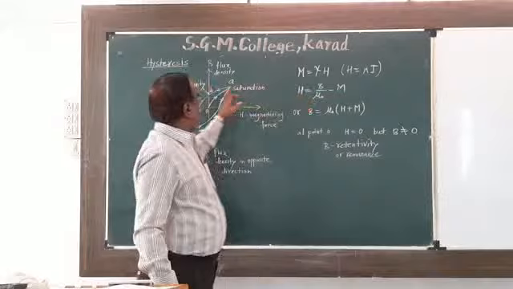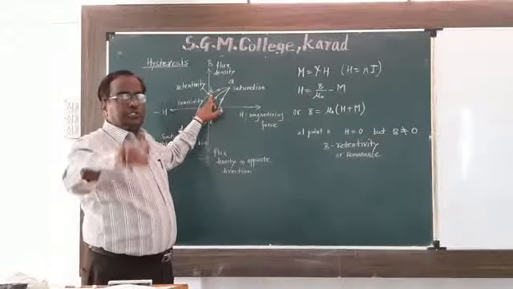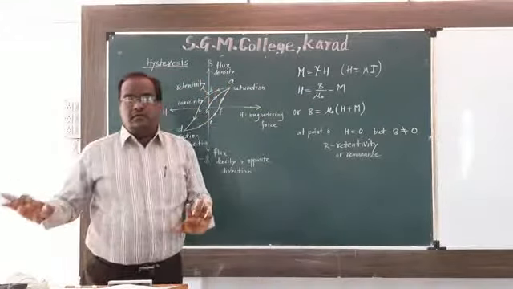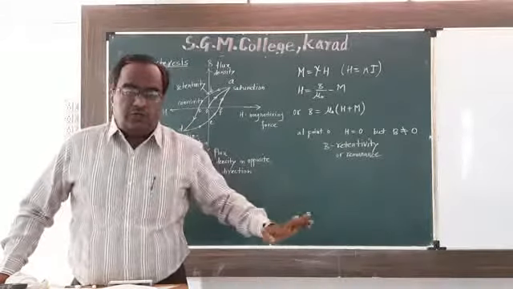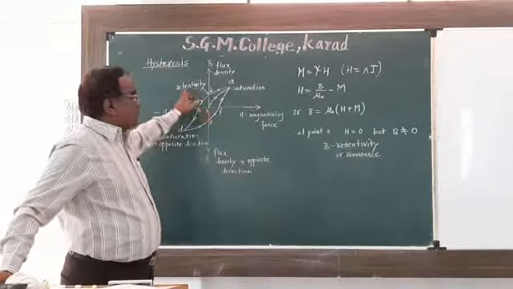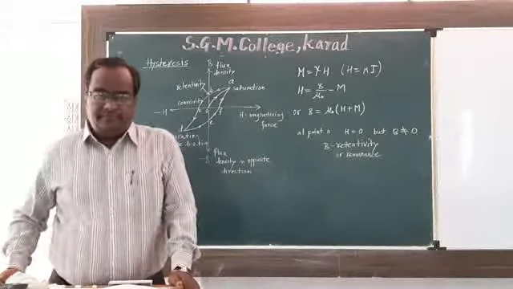Even when current in the solenoid coil becomes zero, the magnetic field does not become zero at point B. This point B is called retentivity.